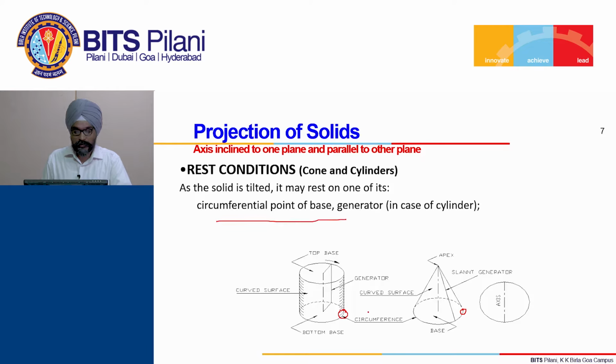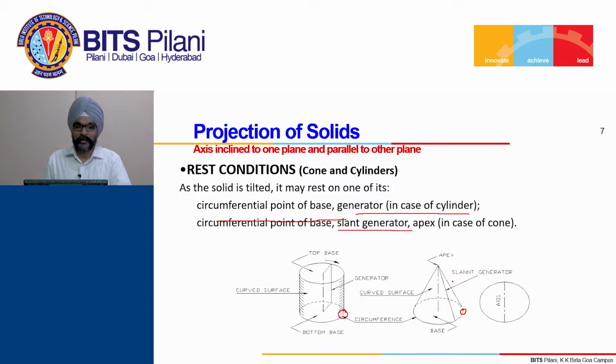The circumferential base point is there even in the case of a cone, but the generator may be the case for a cylinder. In the case of a cone also it can be the generator, but the generator in the case of a cone is the slant edge, and it may also rest on the apex. So that is something we may commonly encounter.